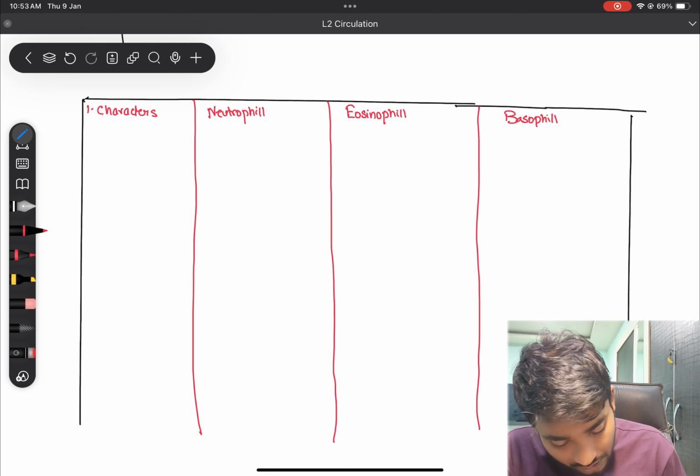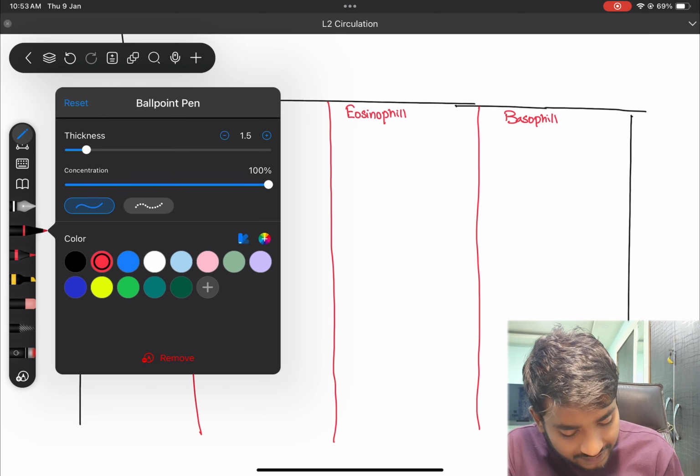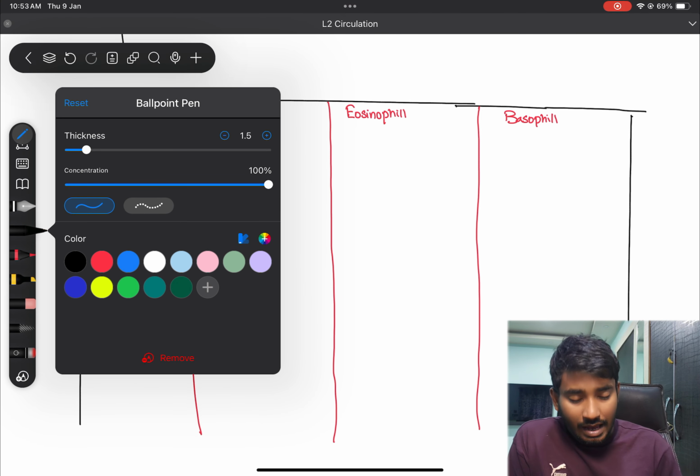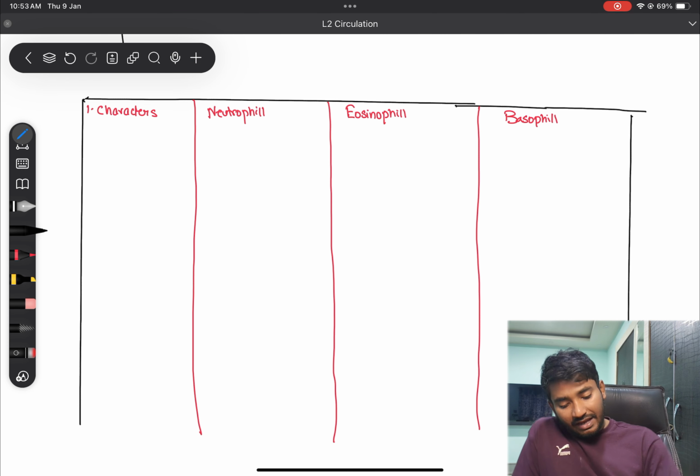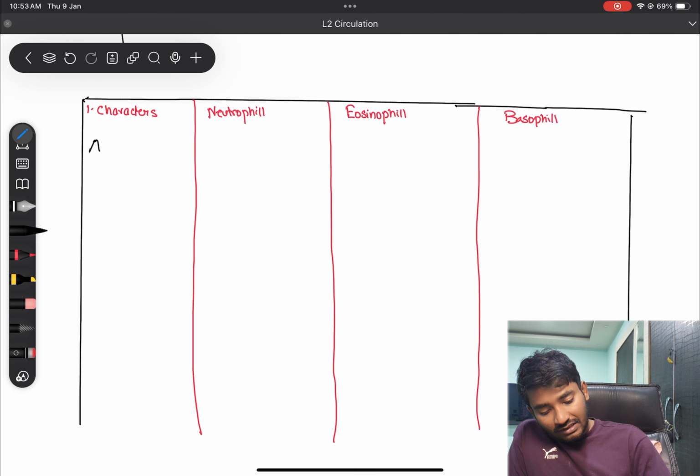Now we give the appearance. What is the appearance of the eosinophil? Let me draw.